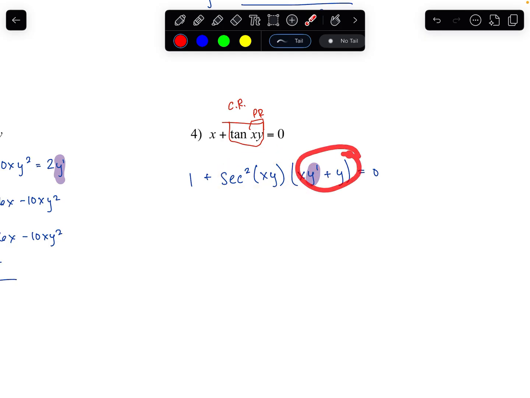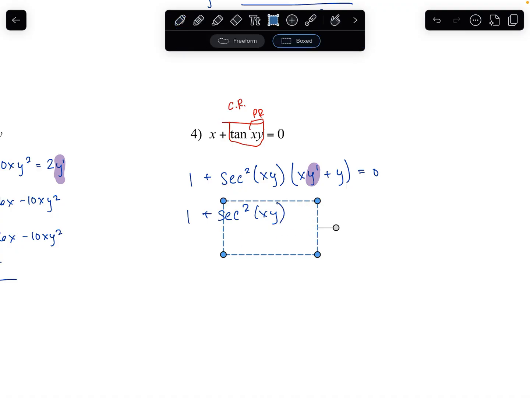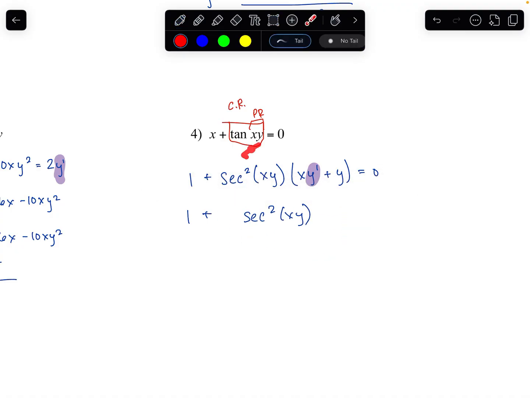The product is what's difficult about that. So 1 plus secant squared of xy. I'm actually going to put that first. So we're multiplying this by xy prime. So I'll put that here. xy prime times by plus y secant squared of xy equal to 0.